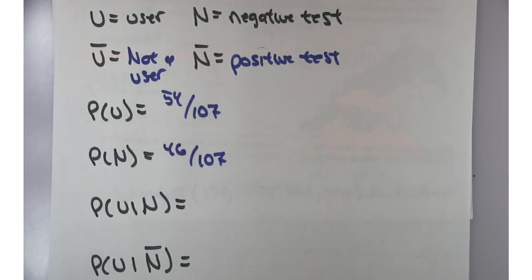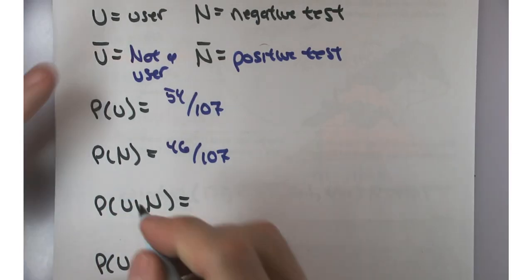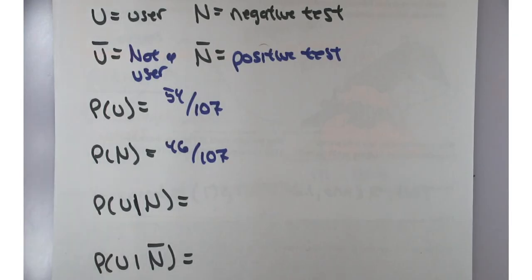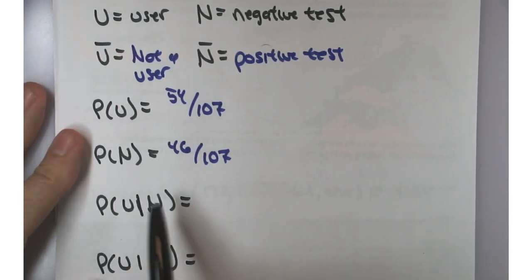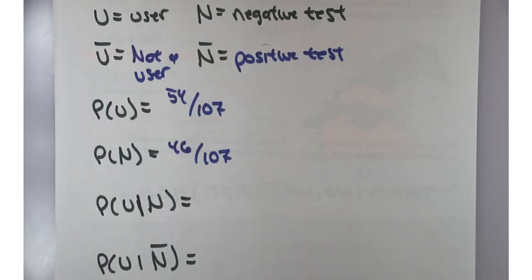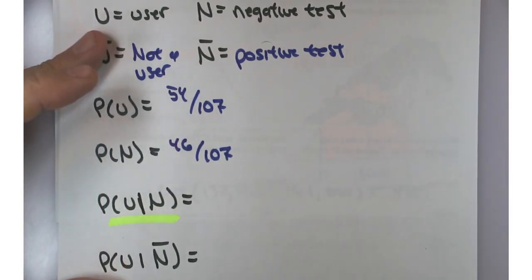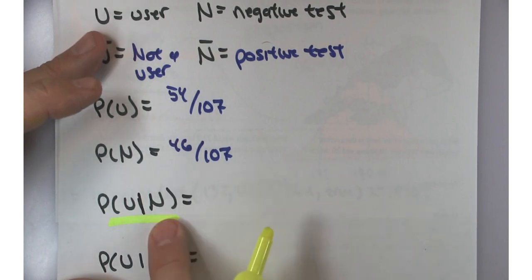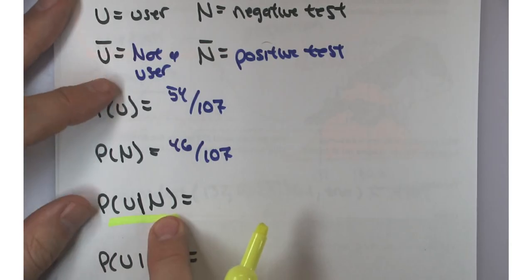Let's change things up. What does this notation mean? Given. That bar there, and I should probably make that a little bit more of a vertical bar, stands for given. It's the probability of somebody using drugs given that they tested negative. So that given stuff changes the sample space. For this probability, I'm only working with part of the table, the part that tested negative.